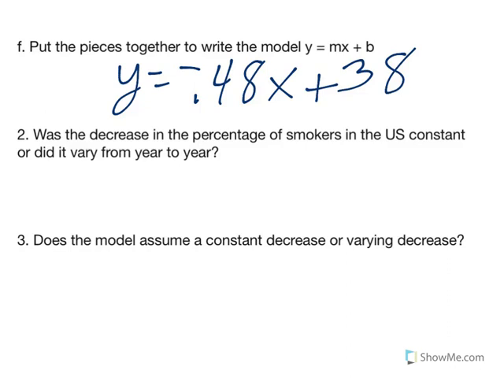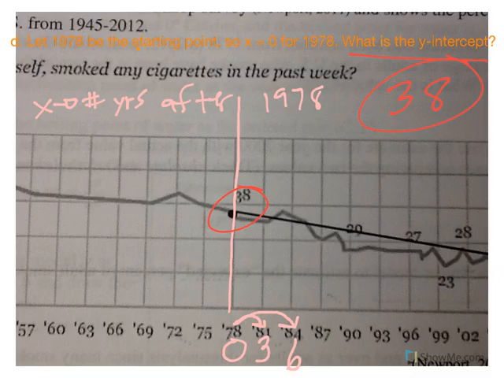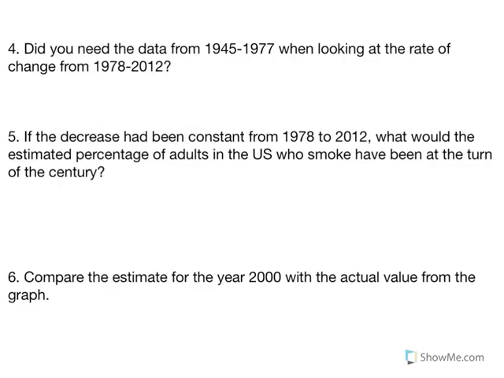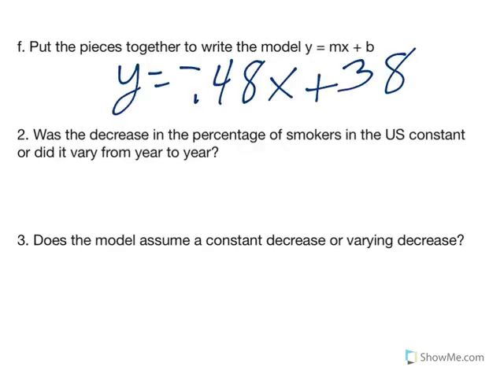Now, in 2 and 3, was the decrease in the percentage of smokers in the U.S. constant or did it vary? And then number 3, does the model assume constant or varied? I'm just going to look at this graph again, remembering that this line here is the actual. Is that constant? No. This piece is varied, right?